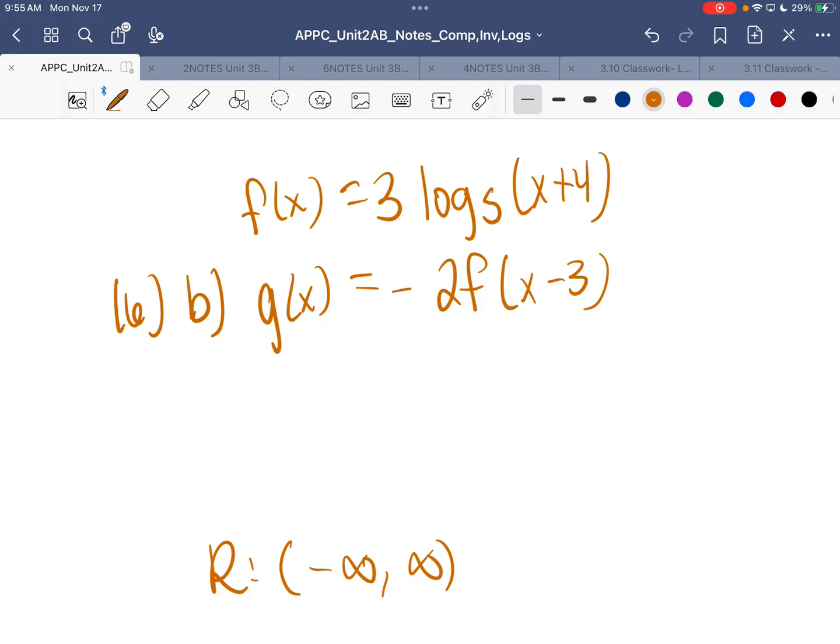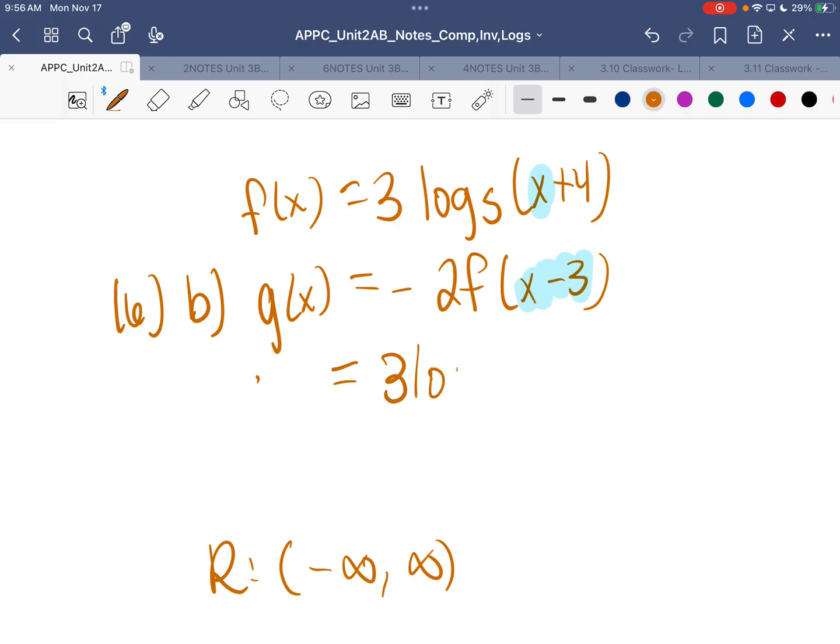But what B is asking is not if the log was shifted to the right 3. What this is asking is if it was just like originally shifted to the right 3. It's saying for G, in this transformation, where you see the x's, you're going to have x minus 3.